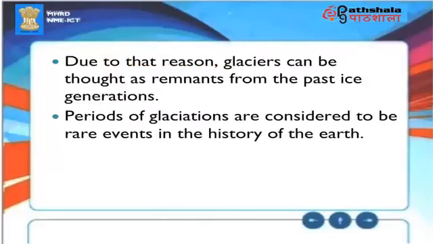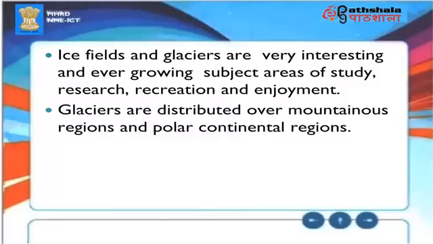Due to that reason, glaciers can be thought as remnants from the past ice generations. Periods of glaciations are considered to be rare events in the history of the Earth. Ice fields and glaciers are very interesting and ever-growing subject areas of study, research, recreation, and enjoyment. Glaciers are distributed over mountainous regions and polar continental regions.